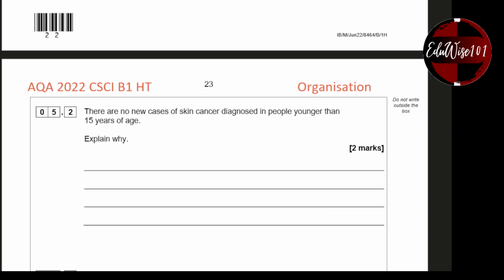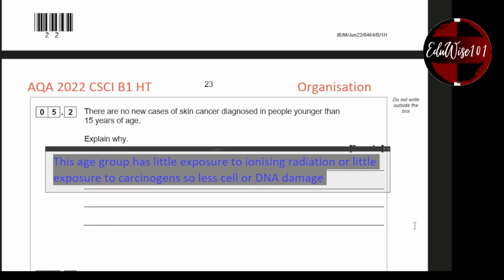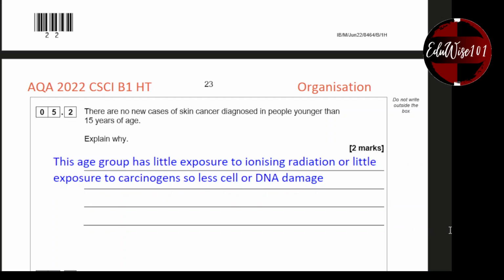If you're 15 and younger, skin cancer is mainly coming from UV radiation from the sun, and you haven't been exposed to UV radiation that much for you to get skin cancer at that age. So this age group has little exposure to ionizing radiation or carcinogens, so less cell or DNA damage.